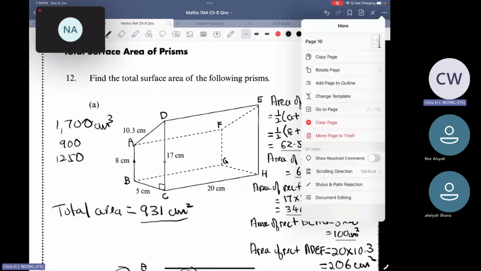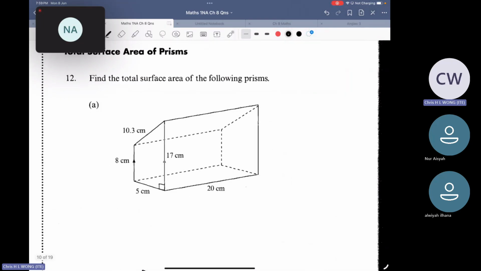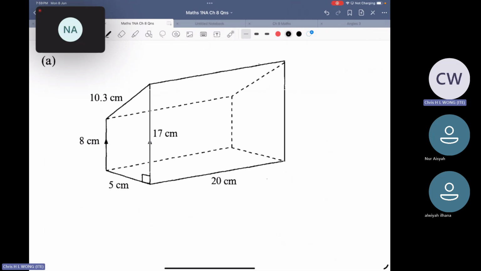This is the figure that I showed you. This is three-dimensional. Why do we call it three-dimensional? Because it has a depth. You have the length, you have the breadth, you have the depth. I guess you can imagine how it looks like.